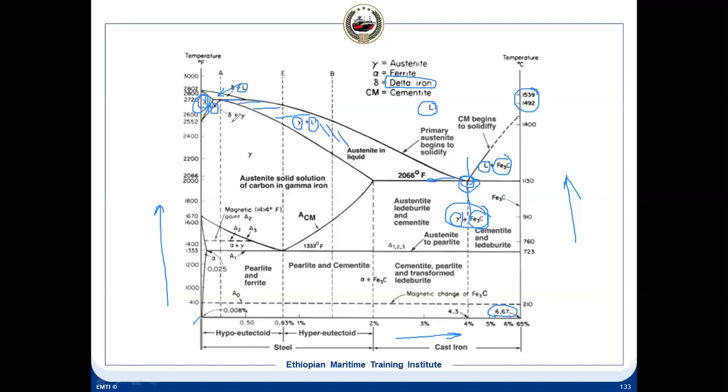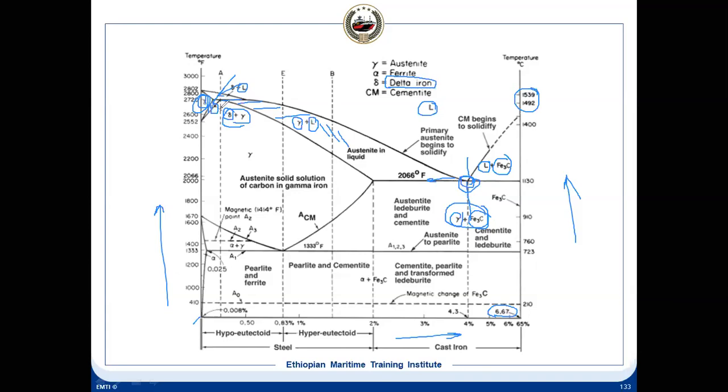This will be delta plus gamma. So some austenite will form in this area, but it will not exist in single phase. It will exist with your delta iron, mixed delta and gamma. Both will be solid. This is also a two phase, because the microstructure and the arrangement are different.